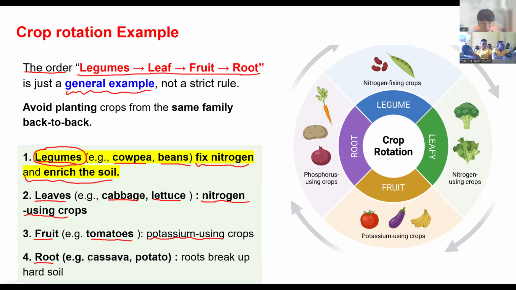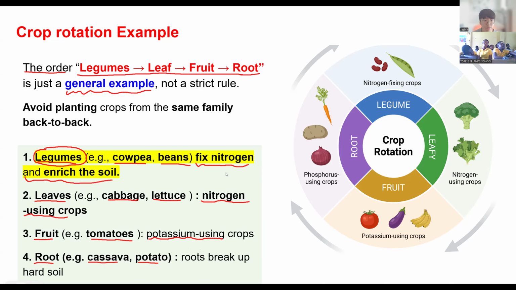They are things like cassava and potatoes, and also carrots, because they grow under the ground. Roots are important because they break up the hard soil, and they also, in part, make the soil quality and structure better for the legumes to come again in the cycle.